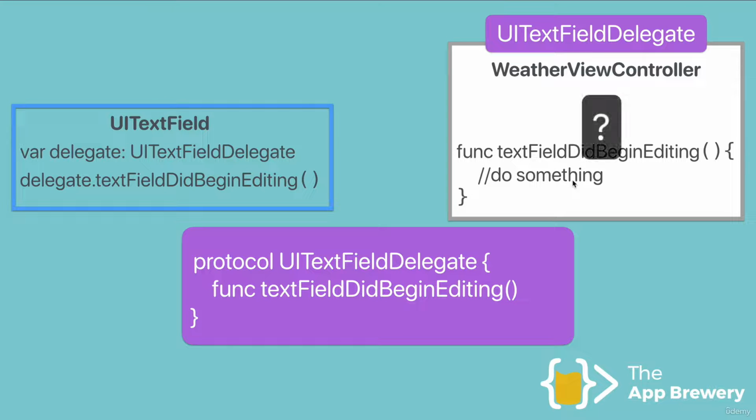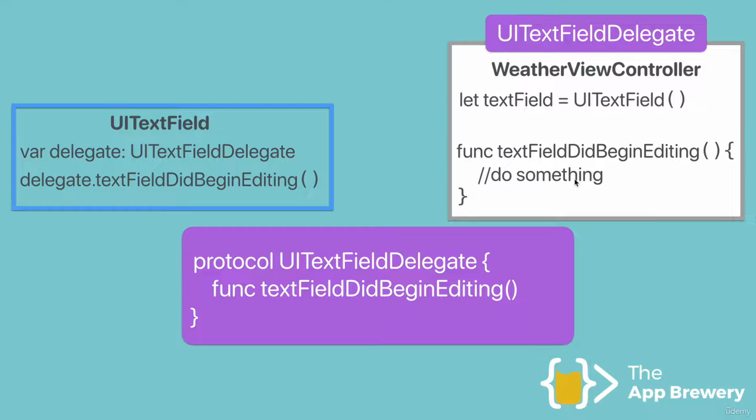How does the weather view controller actually sign up to be notified by the text field? Well, our weather view controller needs to have a UI text field object. So now that we have a new text field created from this reusable blueprint of a UI text field, we can set its delegate as self, which means its delegate is going to be equal to this current class, the weather view controller.